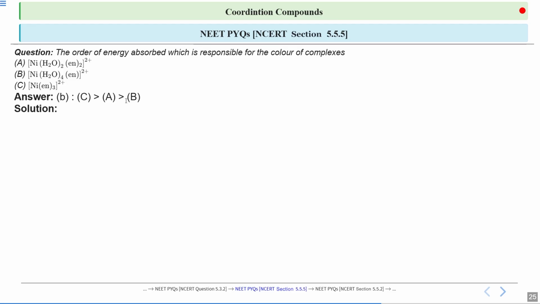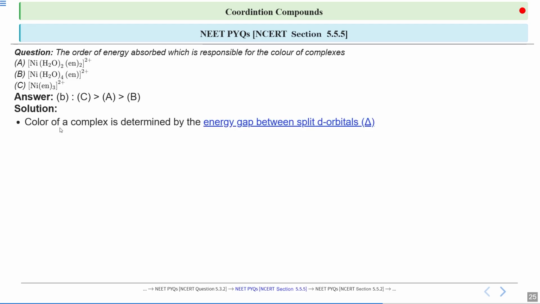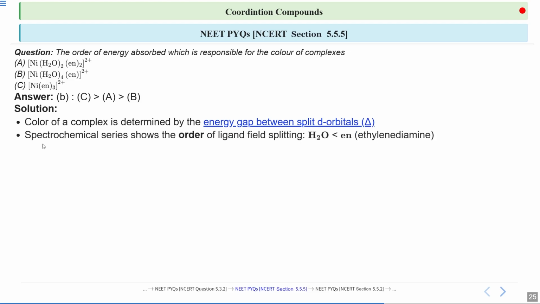The color of a complex is determined by the energy gap between the split d orbitals of the metal, and this gap is represented by delta, right? Now, the spectrochemical series will show the order of the ligand field splitting, from the weak field ligand to the strong field ligand. Here, we have only two types of ligands present in all three complexes, water and en, ethylene 1,2-diamine, right?